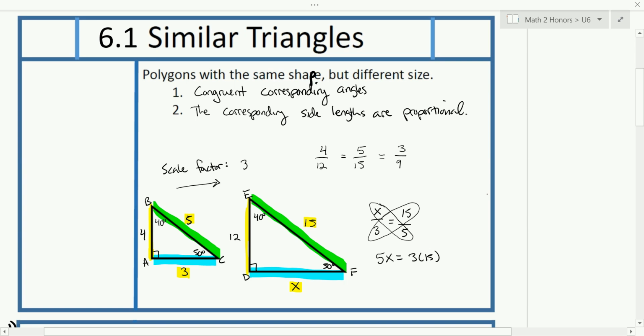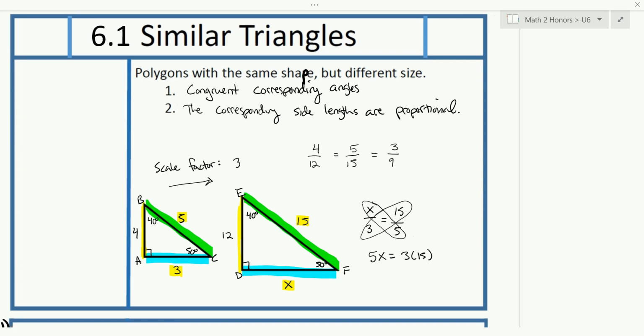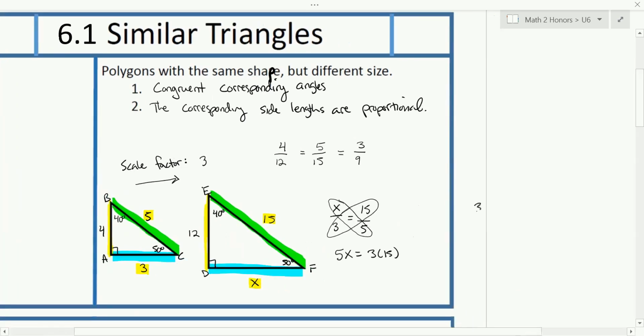So I want you to use the 3, the 5, the 15, and the x. Give me another proportion that would give me the same answer if I solve for x as this one. Maybe I'll suggest one. How about 3 over x is 15 over 5 over 15?